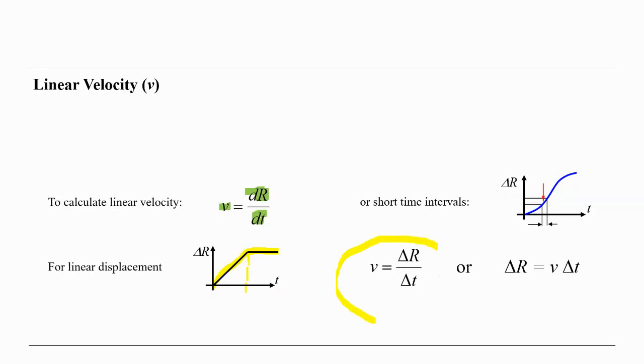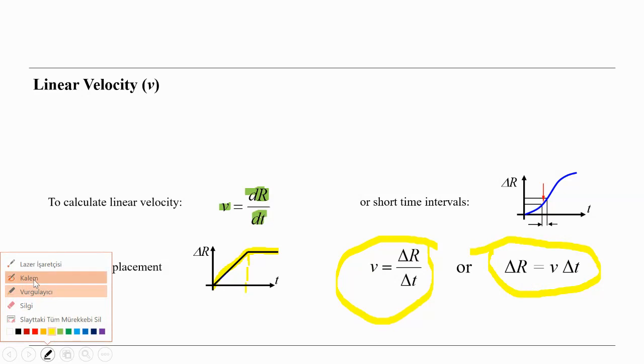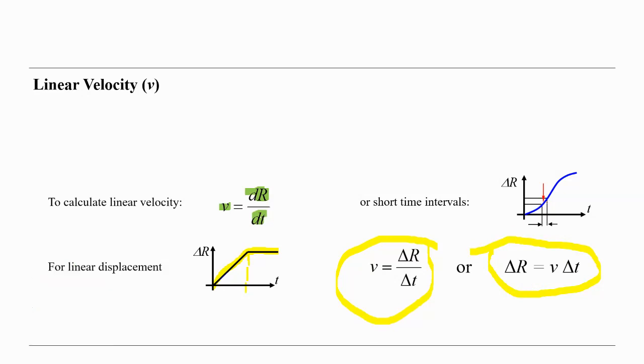We can write v is equal to dr over dt, or dr is equal to v times dt, and this is the small portion here, which is the linear motion in between. So the linear motion is a small portion of the path.